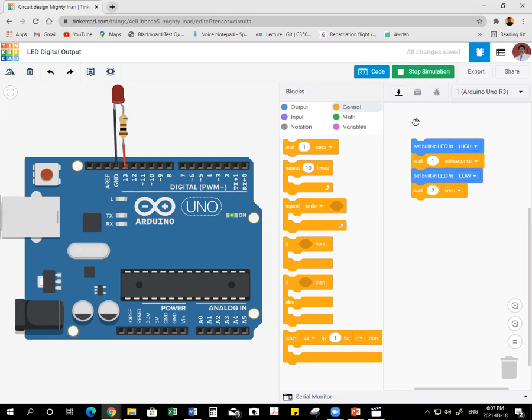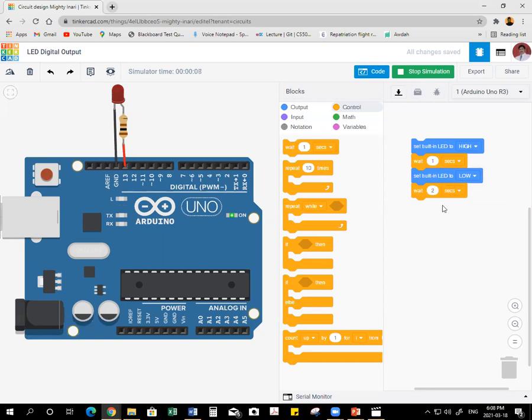Now check. See, it's blinking. The LED is blinking. Oh, it is a millisecond. Sorry. Okay, now start. Yeah. So this is for 1 second on, but for 2 seconds off.